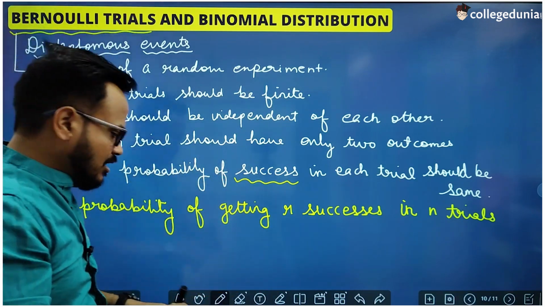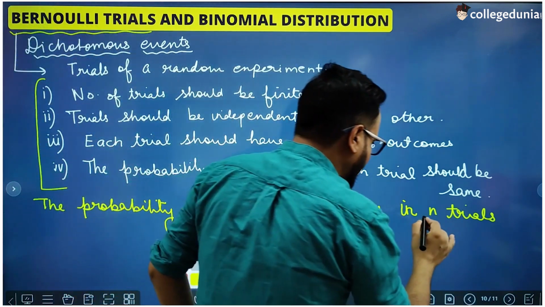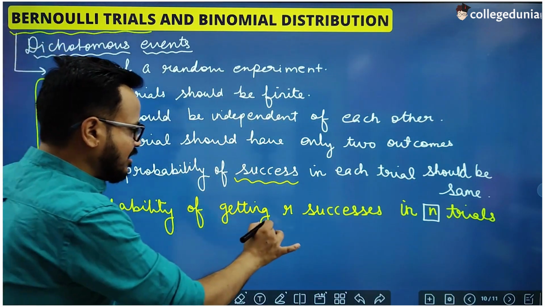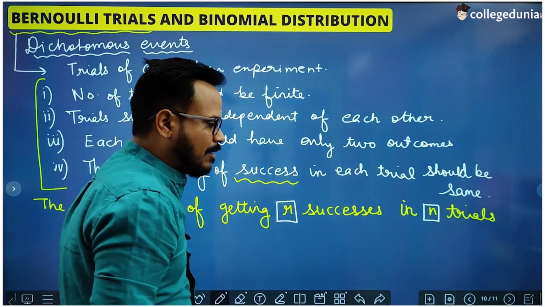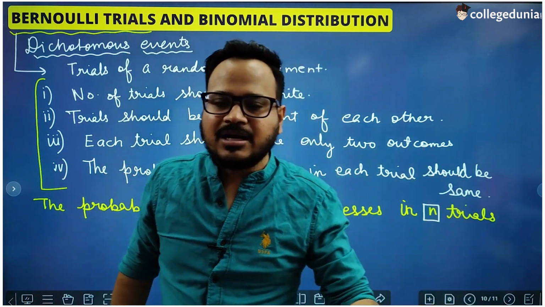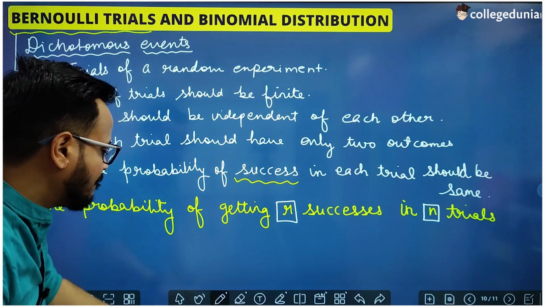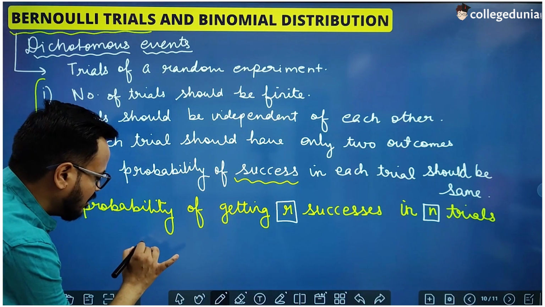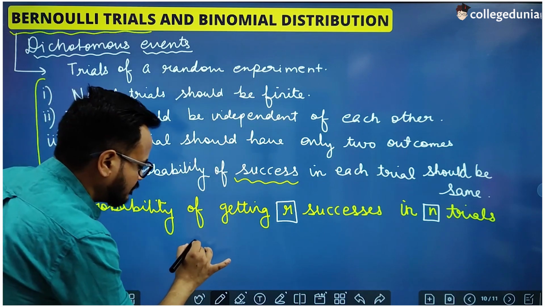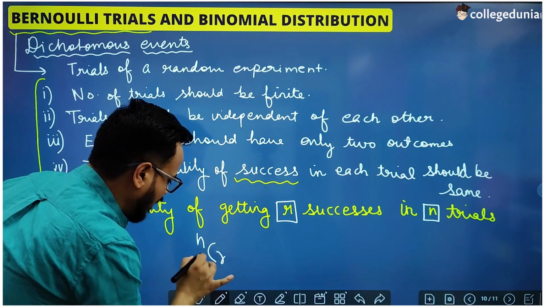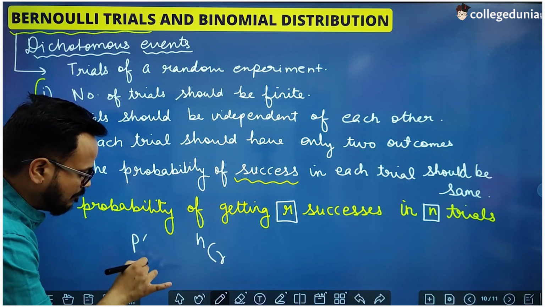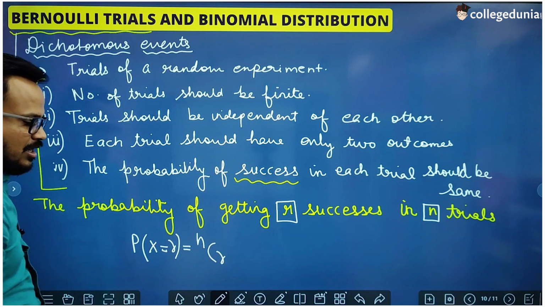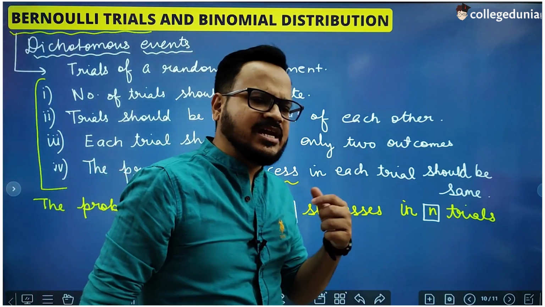So n is 10 because that is the total number of times the experiment has been performed, and r is 6 because that is the number of times I am getting success, right? So the probability of getting r successes in n trials is nCr, and we will write it P(X = r), where X is a random variable which can have any value.